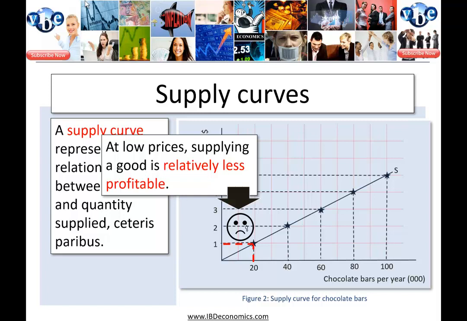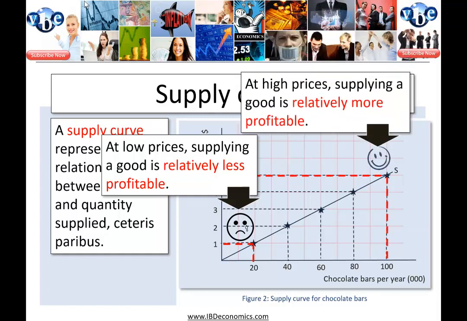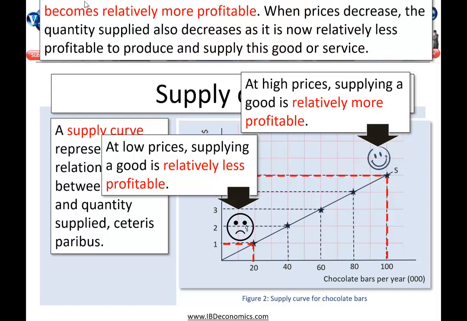Understandably, firms, entrepreneurs, etc. are less interested in supplying the market at low prices, where profits are likely to be far lower, and they're going to be much more interested in supplying at high prices, which is why, when prices increase, the quantity of goods supplied increases: the law of supply. Higher prices mean supplying a good is relatively more profitable. Related supply completely back to profitability.